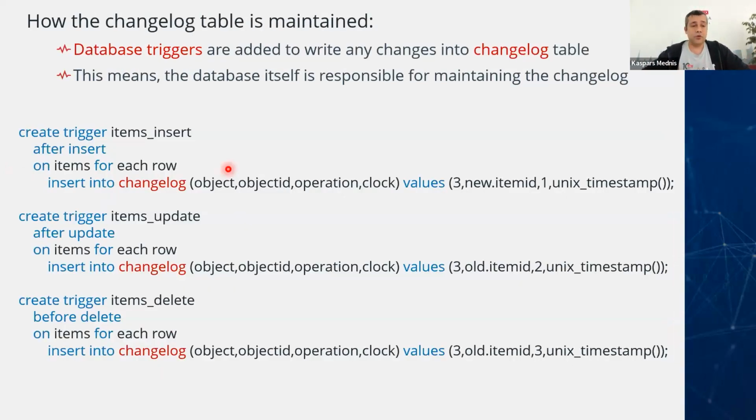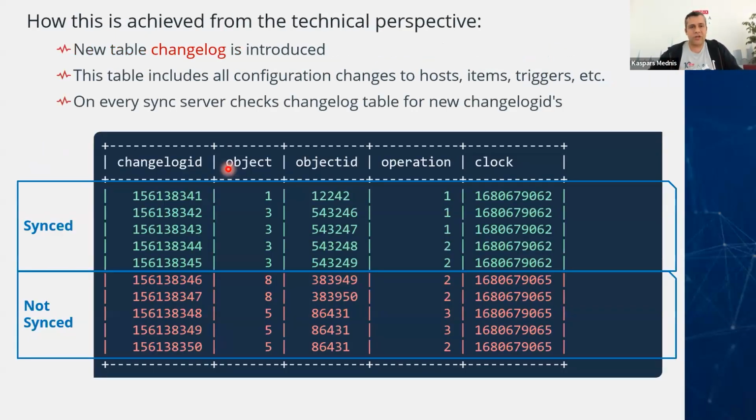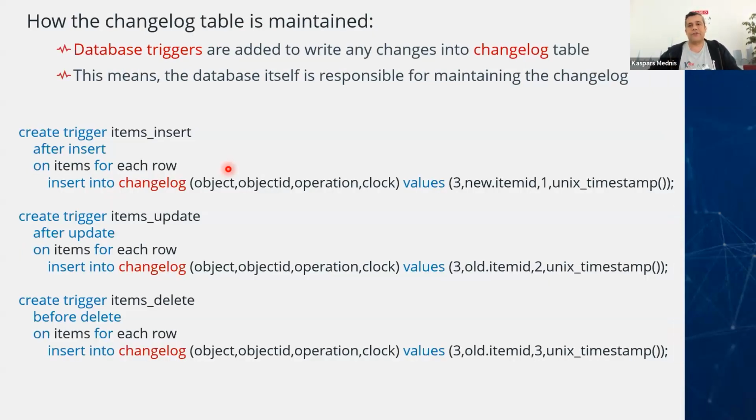So the solution, because of this, is very stable. If you have a reliable database engine which works as expected, then the database itself is tracking the changes, writing them to the change log, and based on this change log, Zabbix is doing config changes. Because of that, you need to create a couple of database triggers, which of course are created automatically by the Zabbix installation or upgrade process.